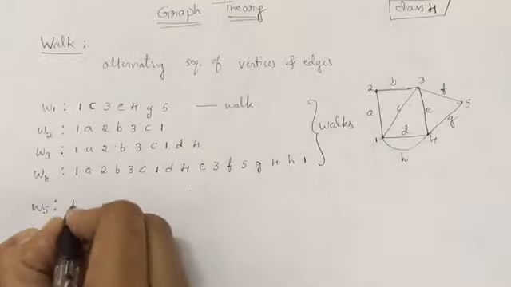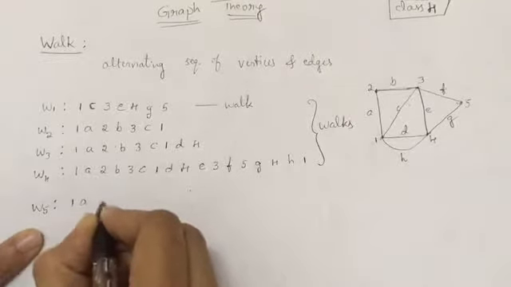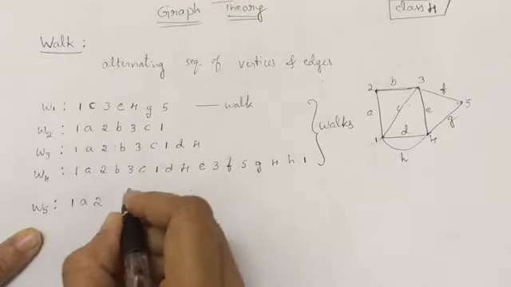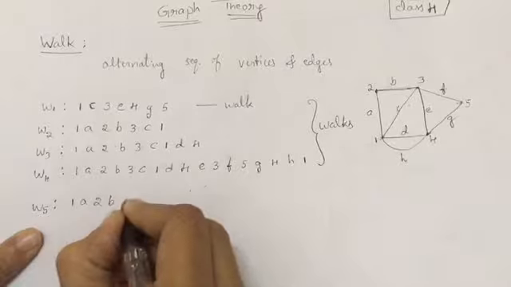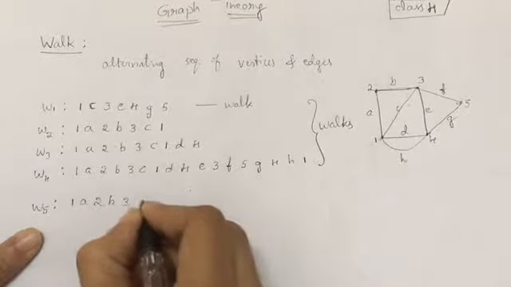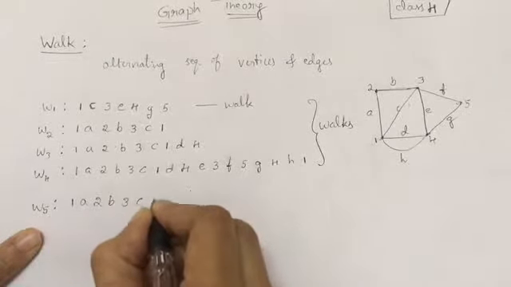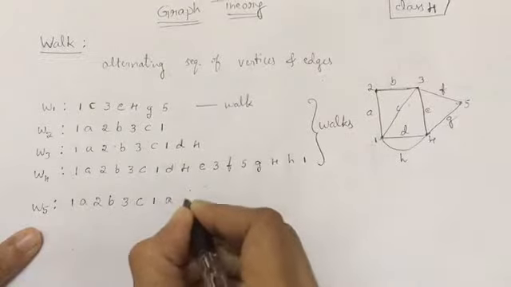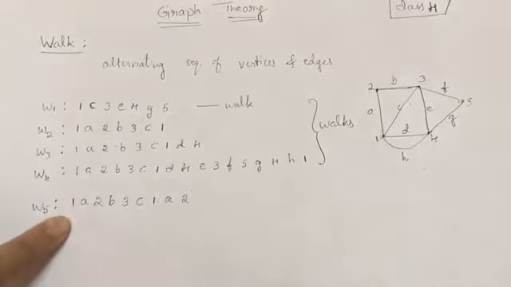Start with vertex 1, edge A, vertex 2, edge B, vertex 3, edge C, vertex 1, edge A, and vertex 2.